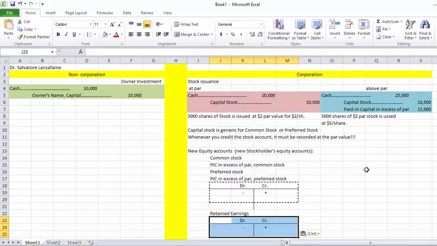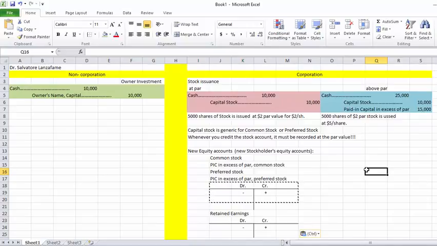So basically, what's happened here is that what we used to use to carry or wear a couple of different hats, capital, we now have different accounts to handle what capital used to do. We used capital, if you think about it, for an investment situation, and we also used capital in an earning situation when we did closing entries. And we're going to review that shortly.